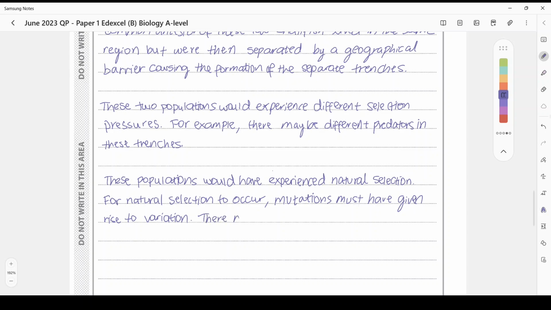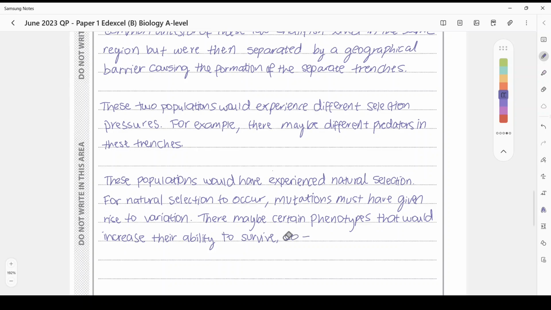There may be certain phenotypes that would increase their ability to survive.